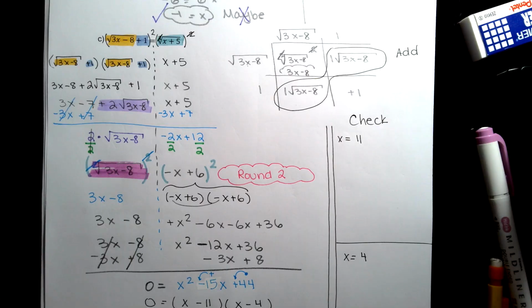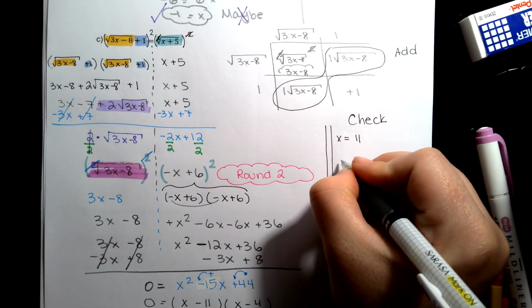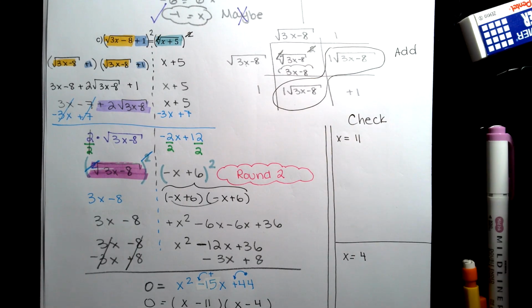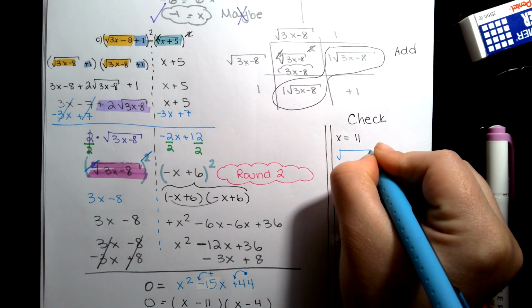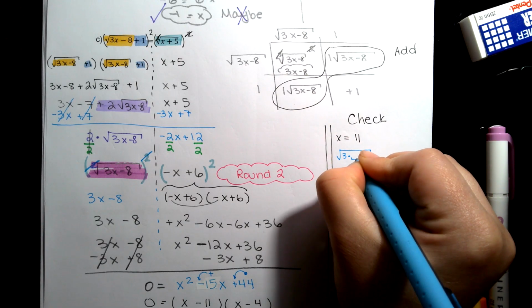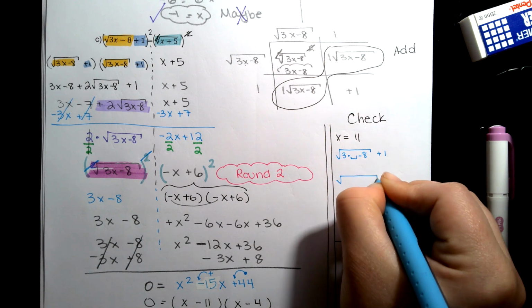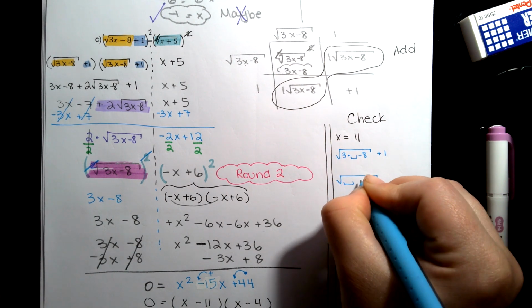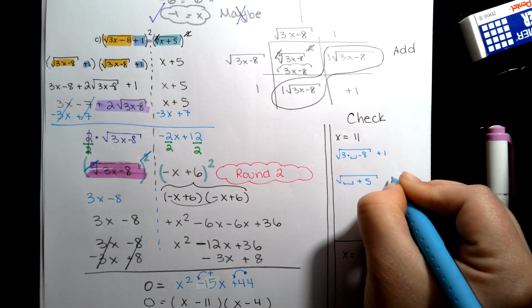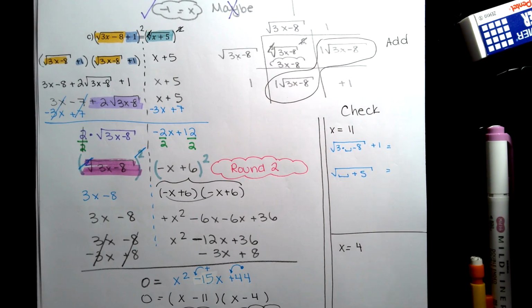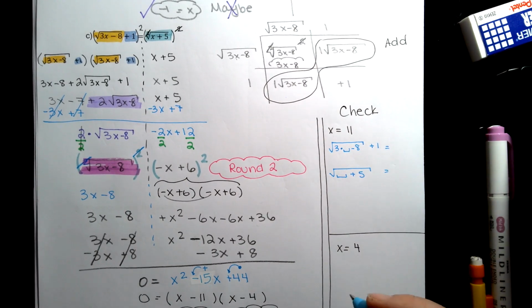So bringing my paper all the way up, we have two things. Again, for space, I'm just going to separate them out. First one I have to check is the square root of 3 times x minus 8, plus 1, if that's the same as the square root of x plus 5. The only reason I'm doing it on top of each other like this is because I don't have space.